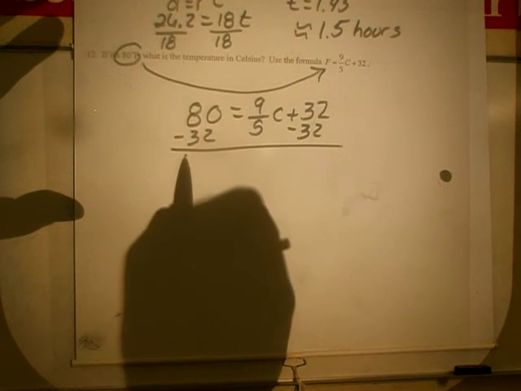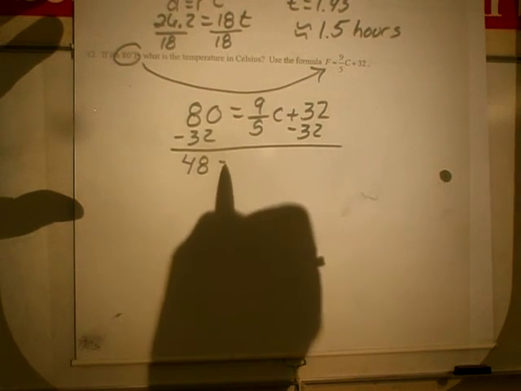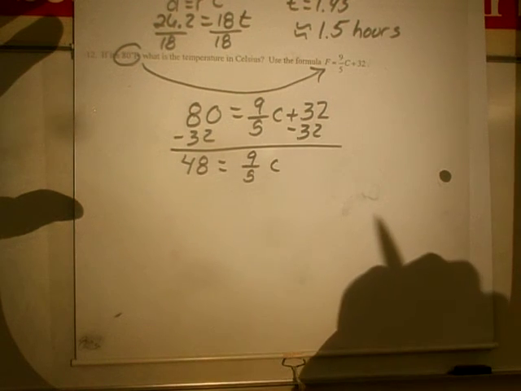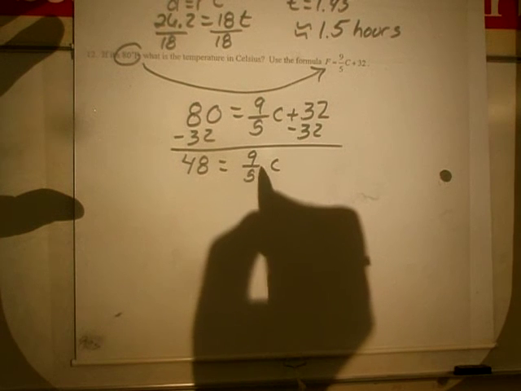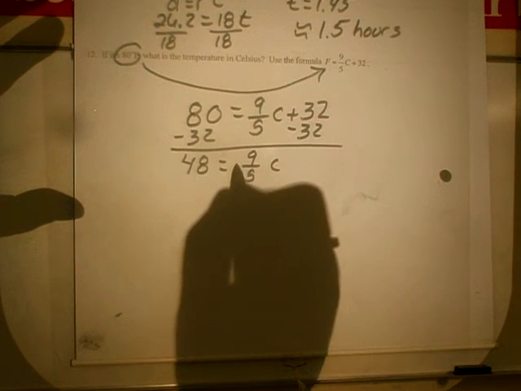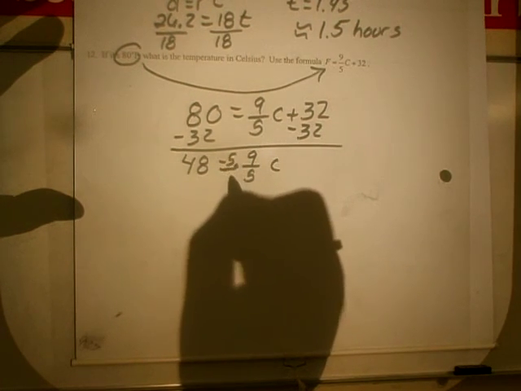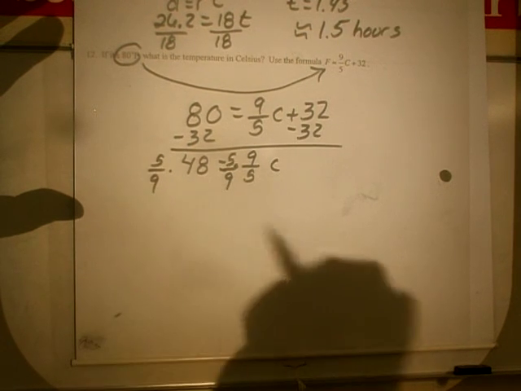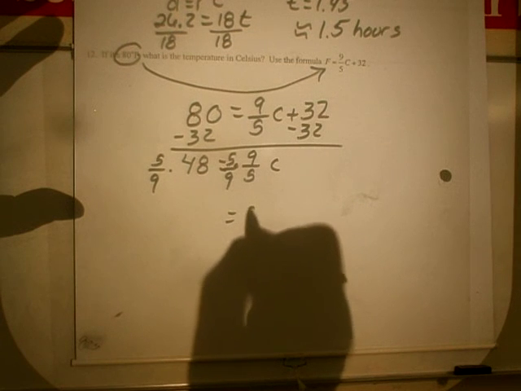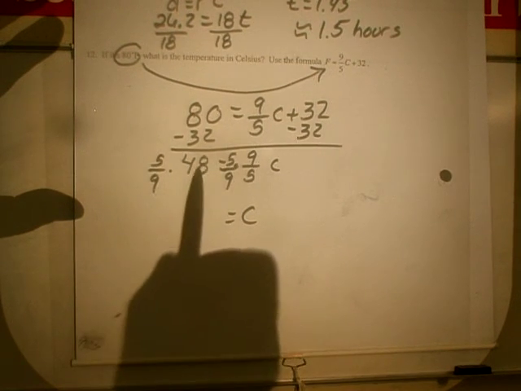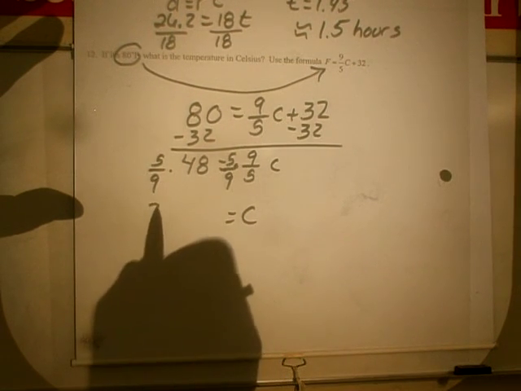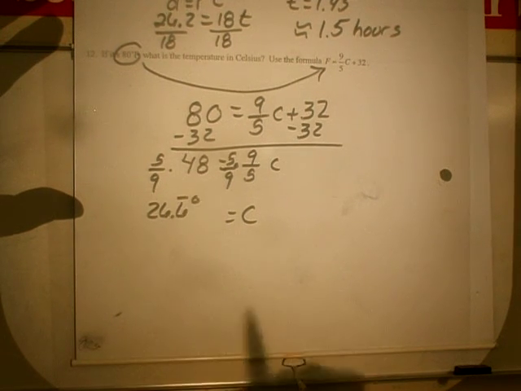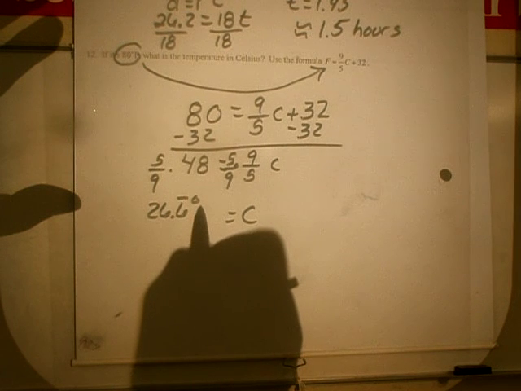And you end up with 48 equals 9/5 C. And now we have to get rid of this 9/5. So we multiply both sides by 5 over 9. And 5 times 48 divided by 9 is 26.6 repeating. And that is our degrees in Celsius.